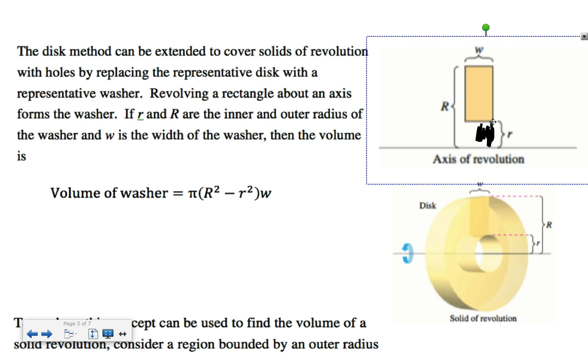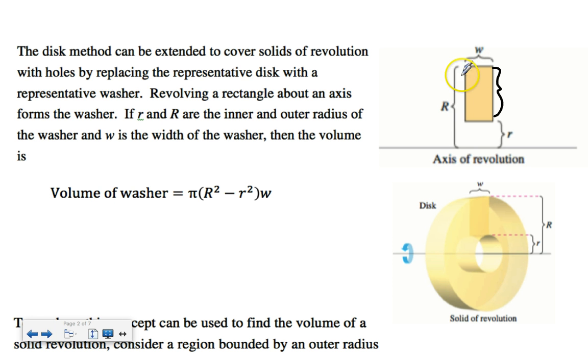All of this space in here, when I rotate over my axis of revolution, is going to give me a hole. And so I need to represent the length of my rectangle by taking the length of the big radius, which is big R, and the length of the little radius, which is little r, and subtracting them. So this is actually going to be big R minus little r.